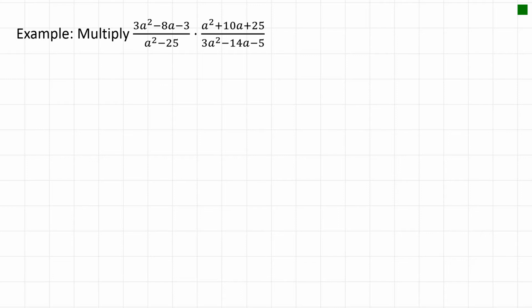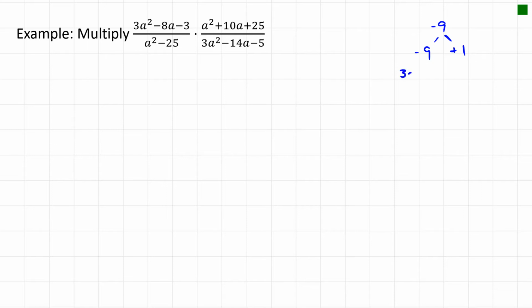So 3a squared minus 8a minus 3. How do we factor that? Well, there's no common factors. So what I'm going to have to do is go the long way and just go about factoring this like I know how. So I need a negative 9 and a plus 1. So this is going to be 3a squared. You can either do this off to the side. That's maybe the best way to do it. So let me try to model that.